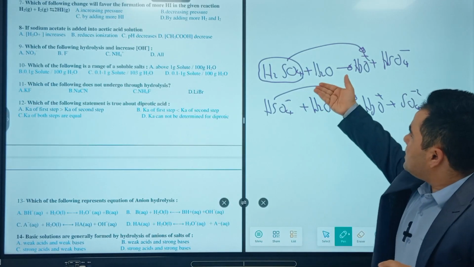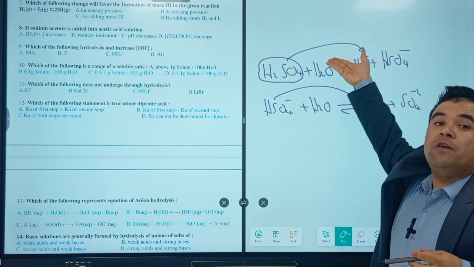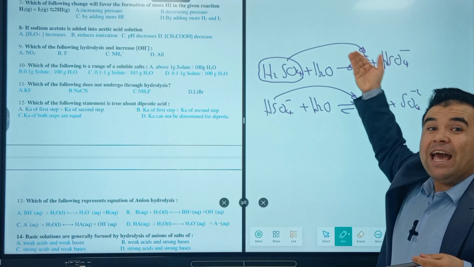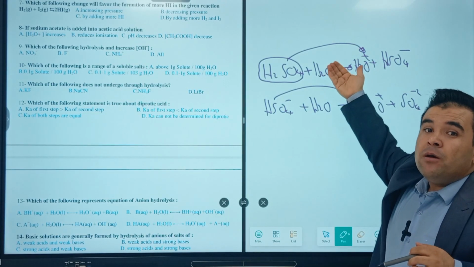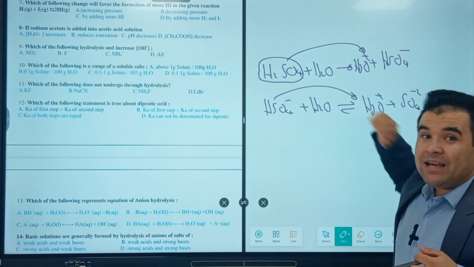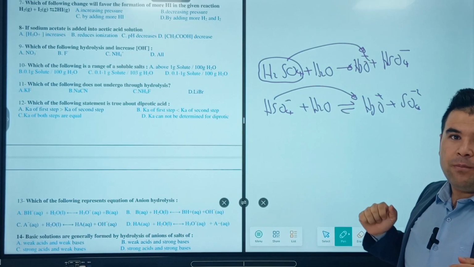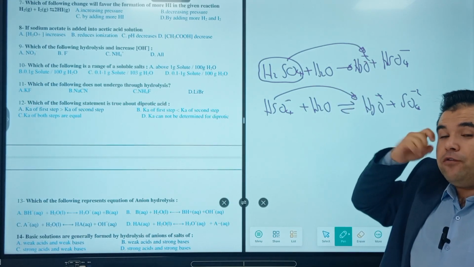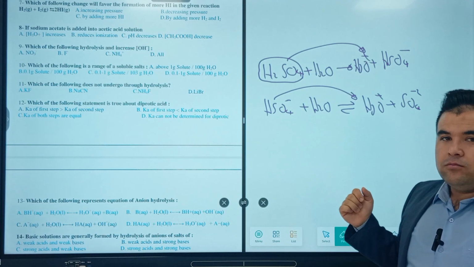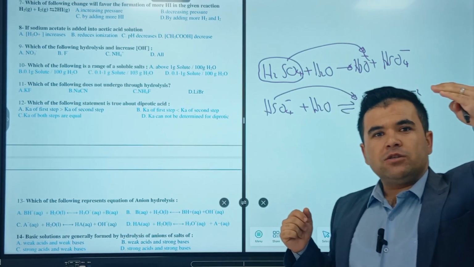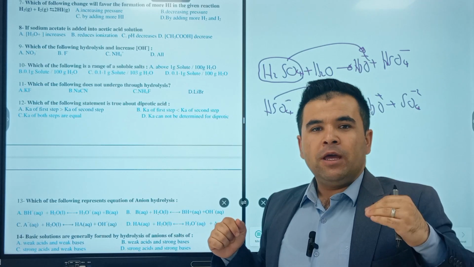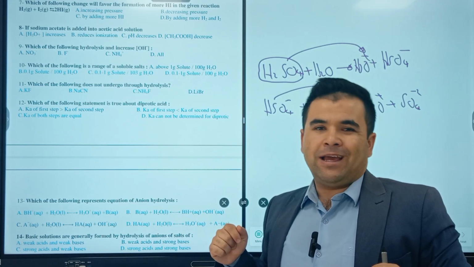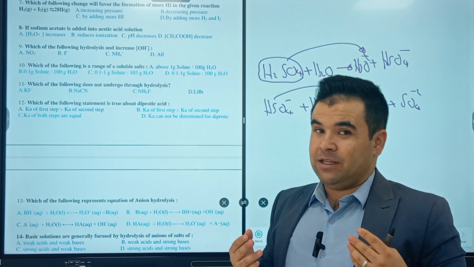That's why the Ka value, the ionization constant of the acid, in the first step is higher than in the second and third steps. This applies to strong and weak acids as well. H3PO4 is stronger than H2PO4 negative, stronger than HPO4 negative 2, stronger than PO4 negative 3 in terms of acidity.